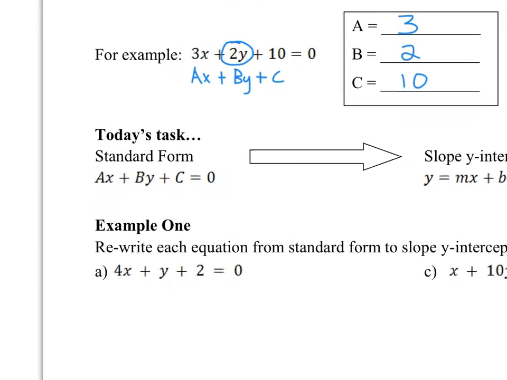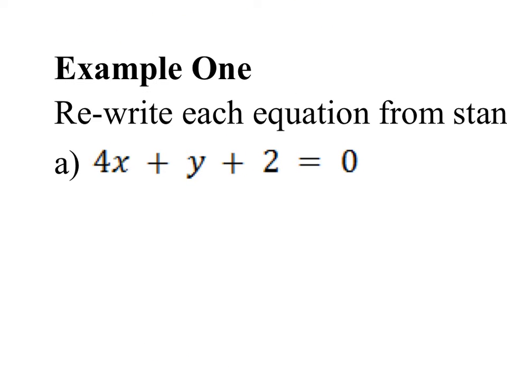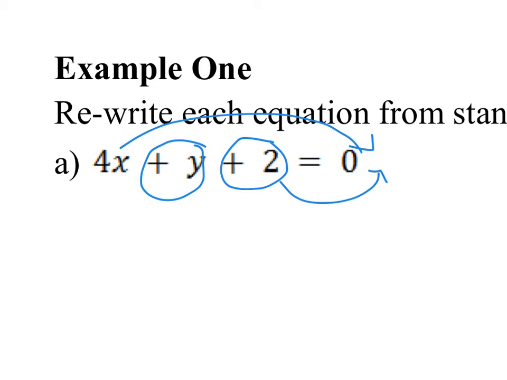So let's see one of them in example. A, where we're going to take the y and we want it by itself. In order to isolate it, we're going to take the 4x and the positive 2, which is my mx and my b, and bring them to the other side of the equation.